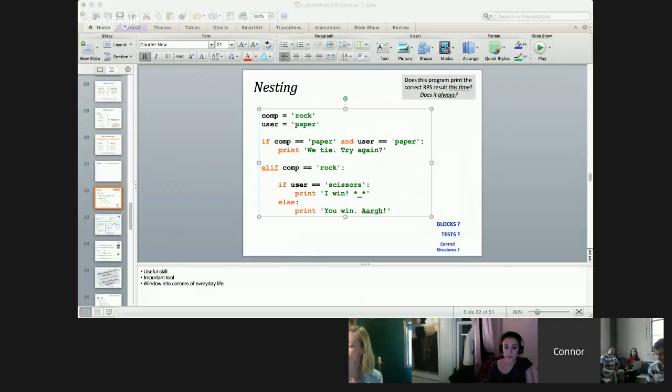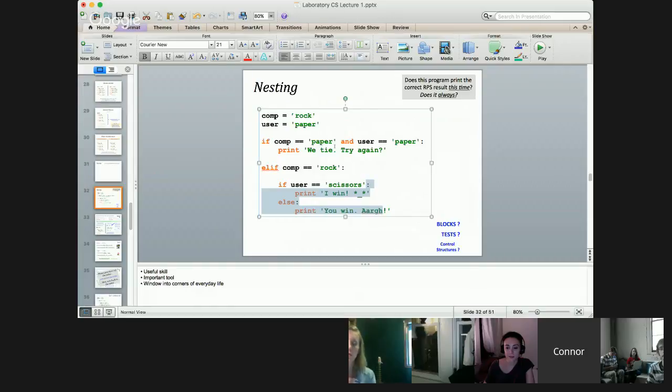All right, sorry about that. So is this making sense to everybody? Why wouldn't rock work if user was rock in the second one? I mean, obviously that wouldn't work in real life, but how?